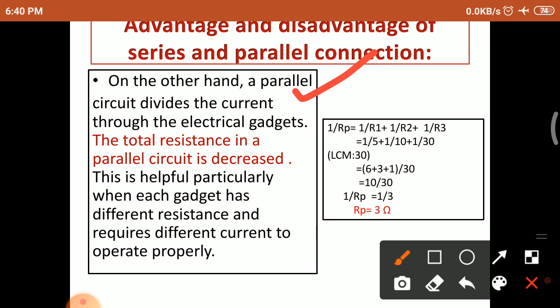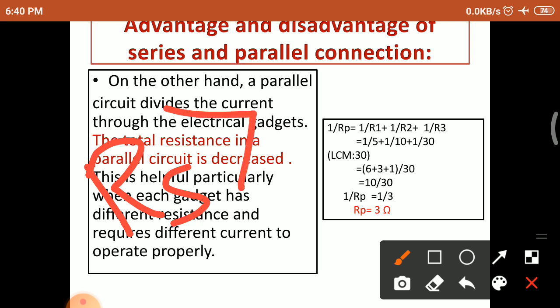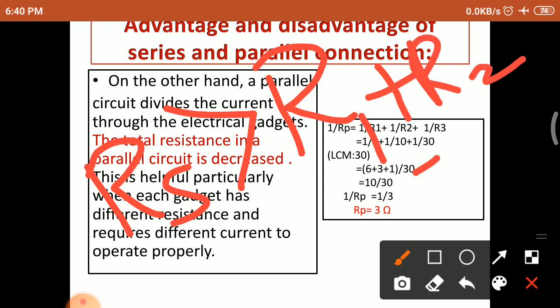In a series combination, Rs is always greater than the individual resistors, that means R1, R2 and R3. This I already discussed in the last class. Rs is always greater than R1, R2 and R3.